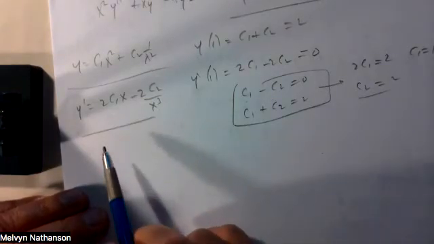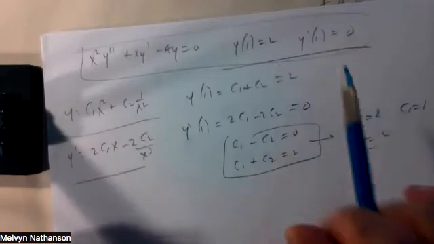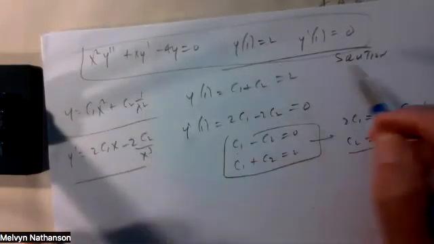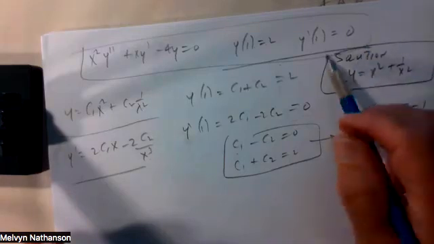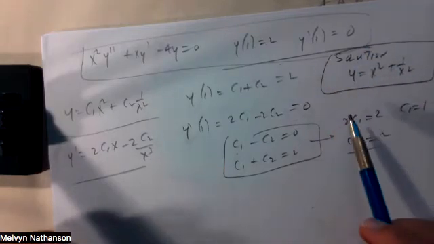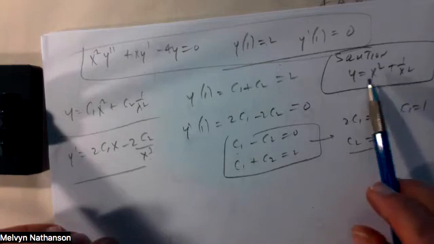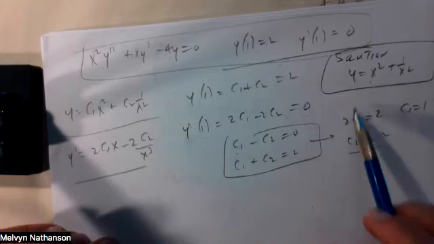So my solution for this differential equation, satisfying this initial condition, is y equals x squared plus 1 over x squared. That's the solution. When x is 1, y is 2. When x is 1, y prime is 0.